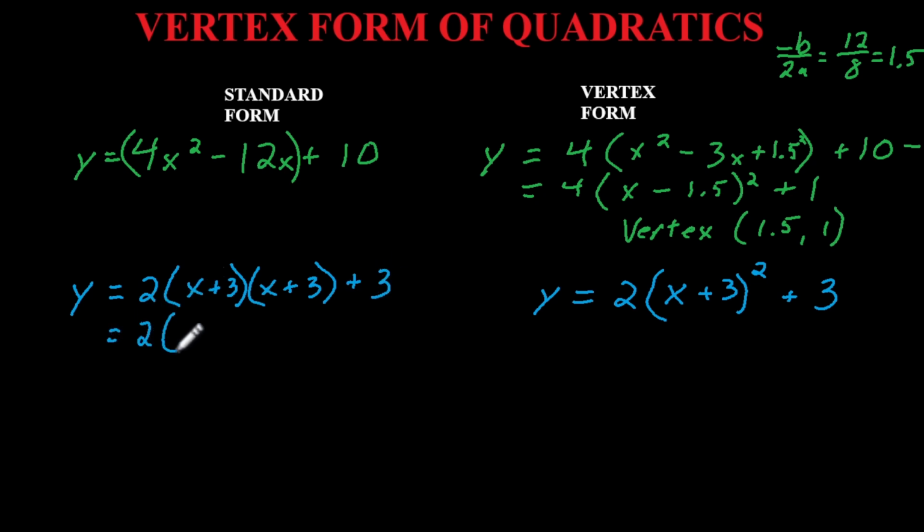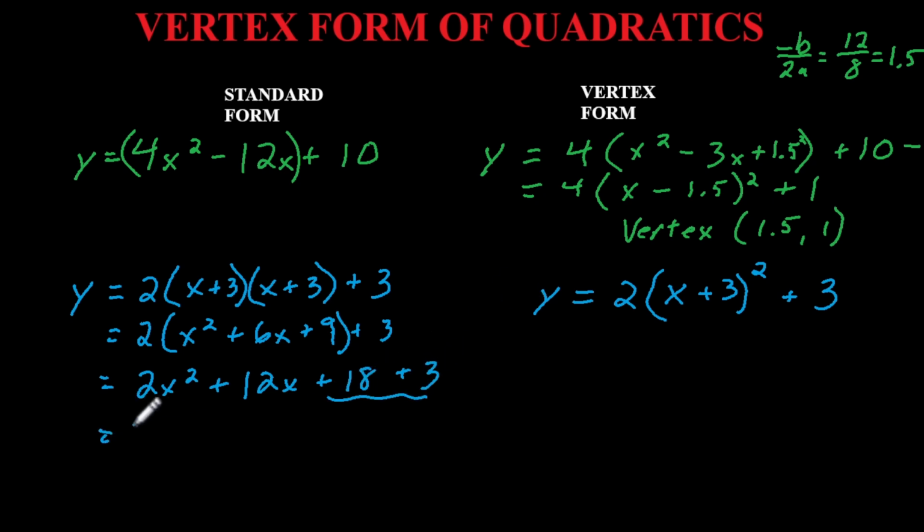I'll keep the 2 outside, so I have x squared plus 6x plus 9 plus 3. And now I'll distribute the 2, so I have 2x squared plus 12x plus 18 plus 3. And then I simply combine like terms here, so I get 2x squared plus 12x plus 21.